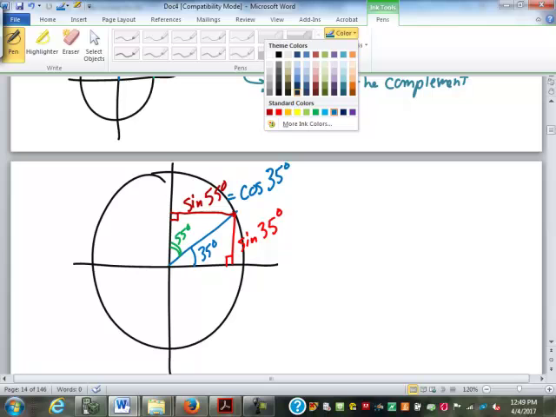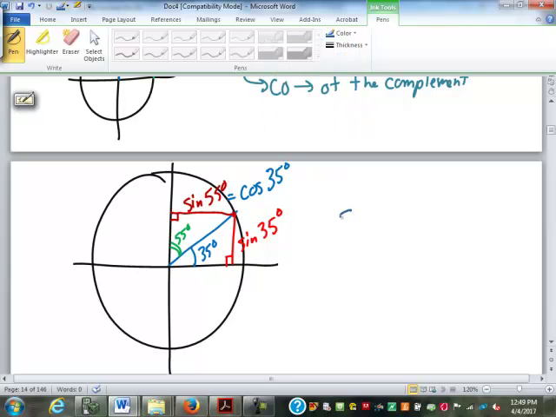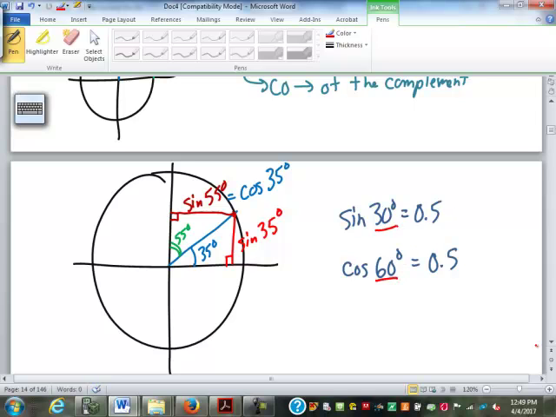So if I tell you that the sine of 30 degrees is 0.5, the cosine of 60 degrees has to be 0.5. Why? Because 30 and 60 are complements. They add up to 90. Since they are complements, the sine of one has to equal the cosine of the other. The cosine of 60 equals the sine of its complement, and its complement is 30.